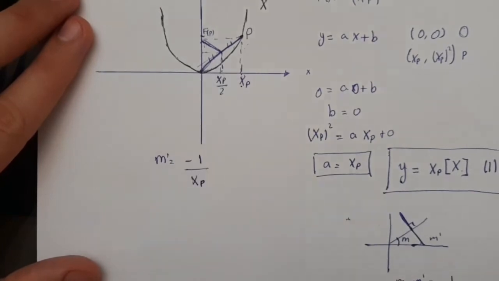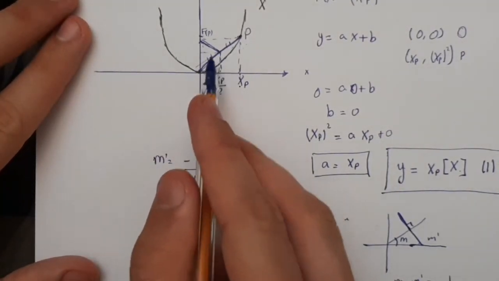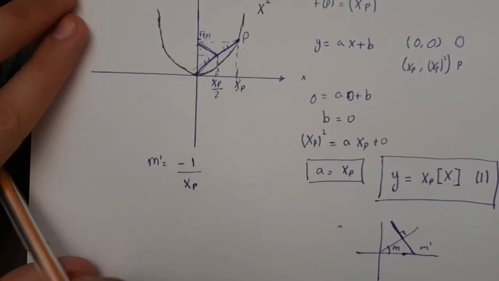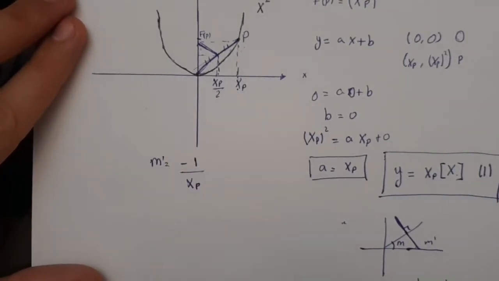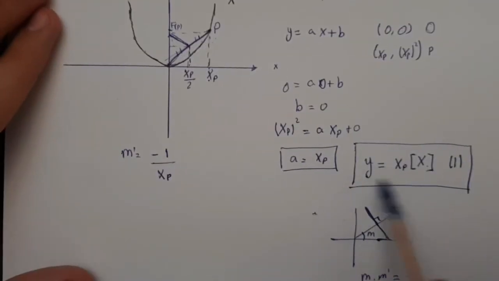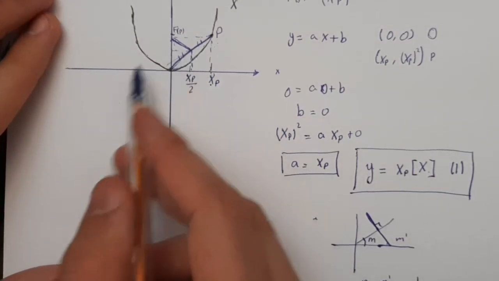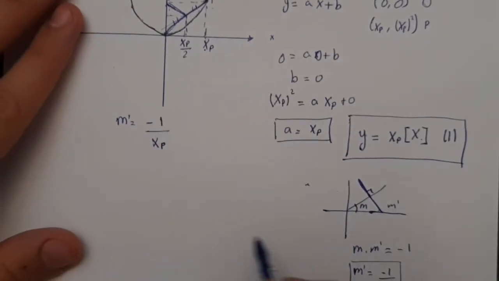What else do we know about this point over here? Because this point is part of this line over here, it is part of this formula, so we can find its y coordinate like this.